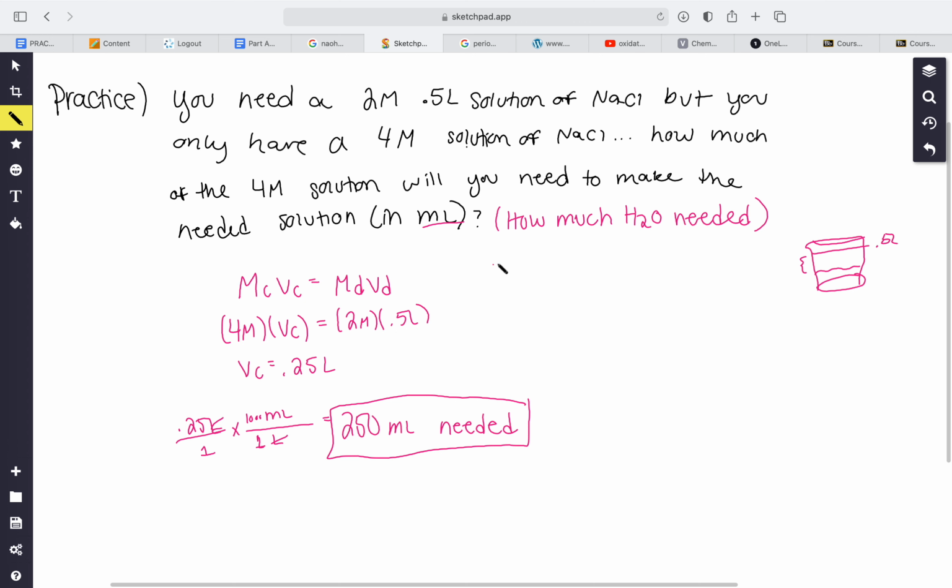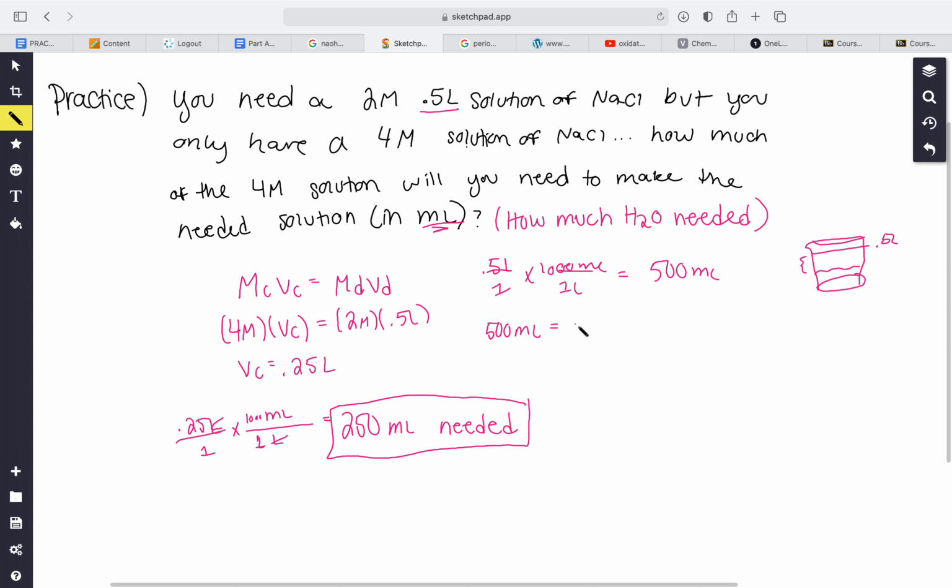Okay, so we want to get to 0.5 liters. So I'm going to do this in milliliters as well. So we have 0.5 liters divided by 1 times, we're going to do the same thing, 1,000 milliliters over 1 liter. Oh my god, that was horribly drawn, but you know what I mean. So we need to get it to 500 milliliters. So our goal is 500 milliliters.